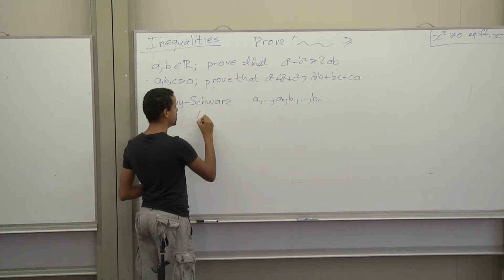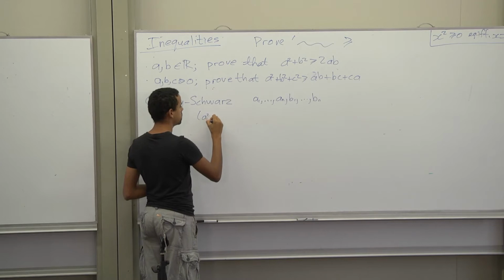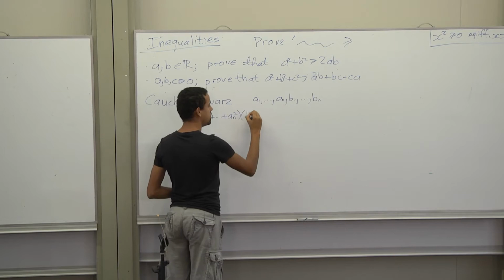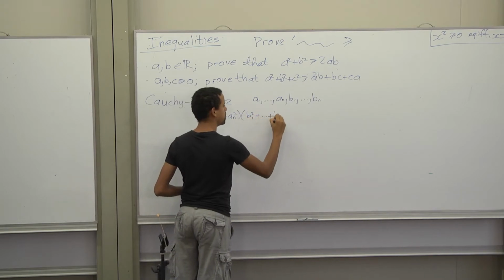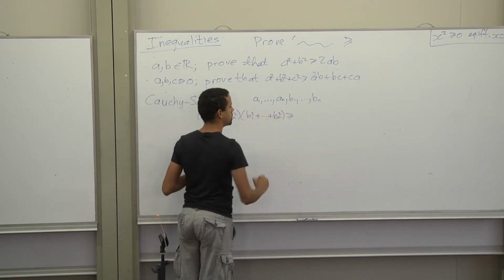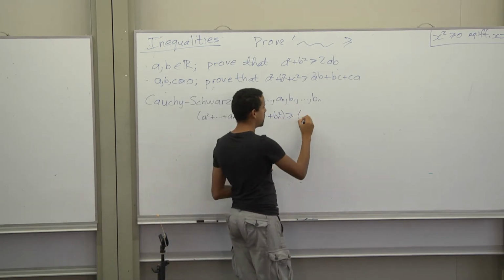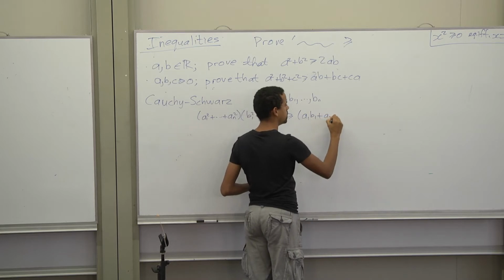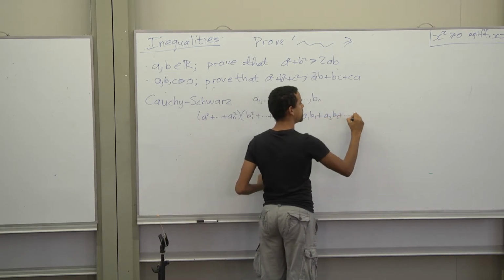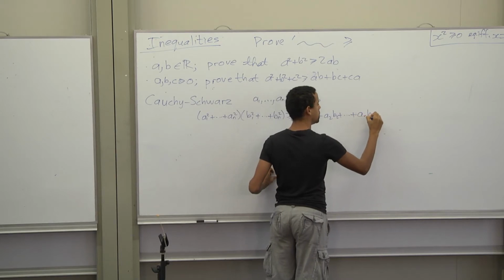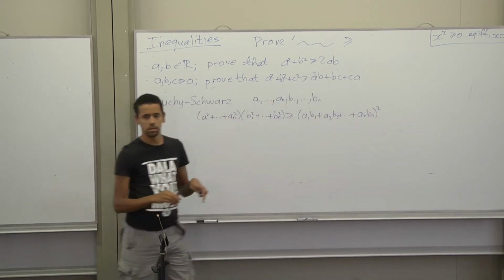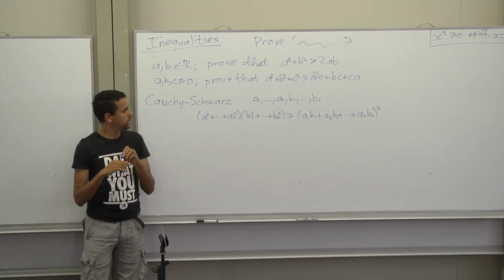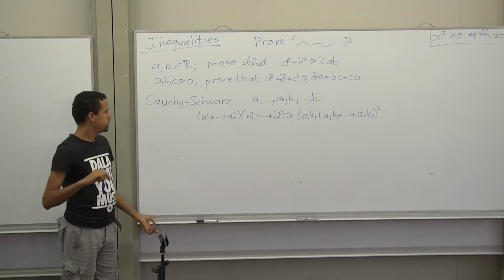If I take the sum of the a squareds times the sum of the bi's squared, that is greater than or equal to having the pairwise product. So a1 goes with b1, a2 goes with b2, up until an going with bn, that all squared. That is Cauchy-Schwarz inequality.